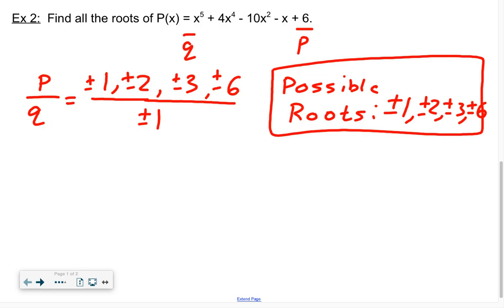Yeah, so it's negative 1, so you've got to put it.